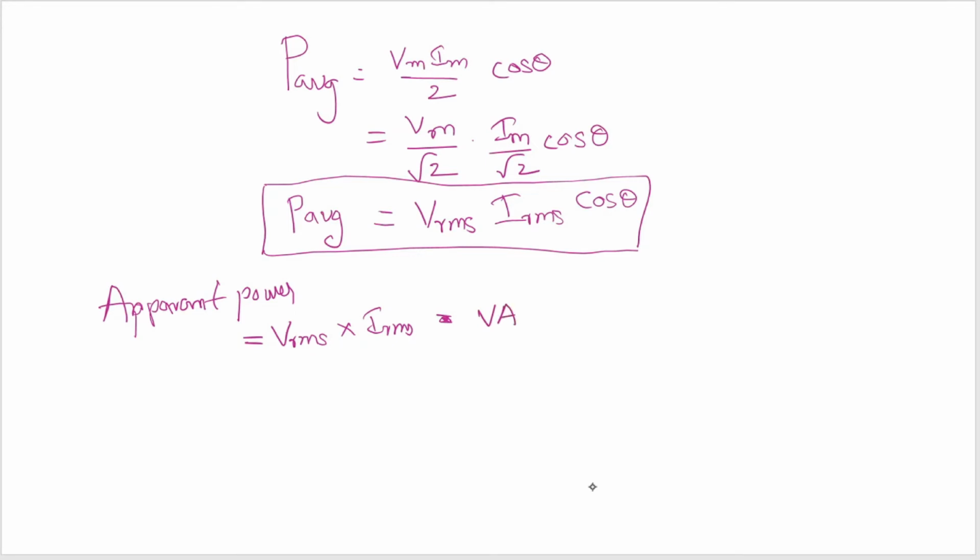So it is also called volt ampere power. The unit of apparent power is volt amperes and the unit of P average is watts. So P average is equal to VRMS into IRMS into cos theta. Let me write P apparent is equal to VRMS into IRMS volt amperes.